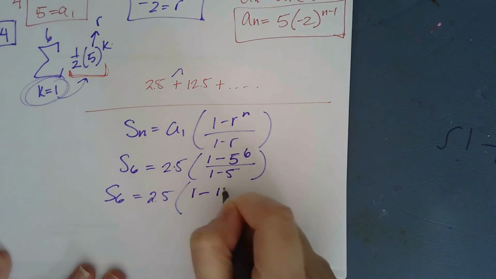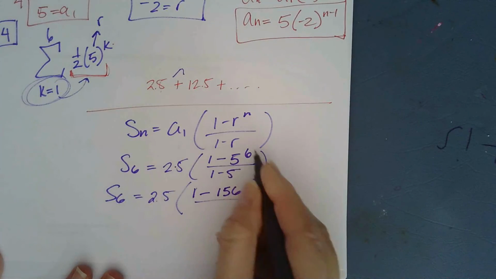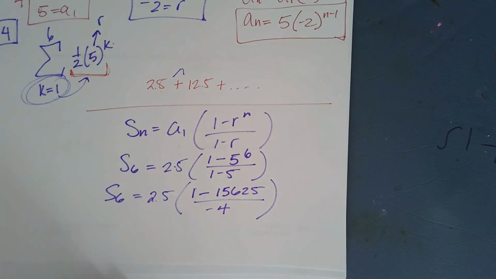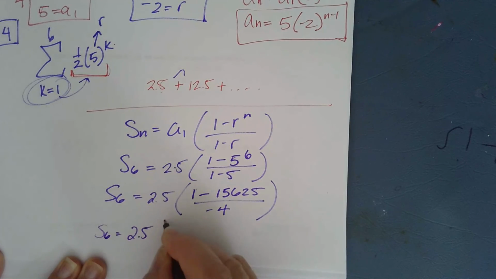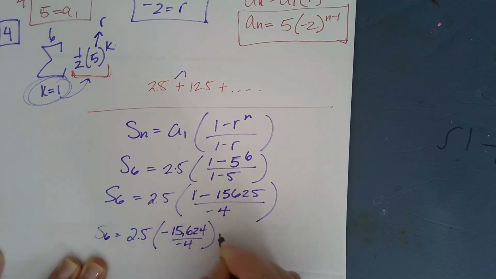So 1 minus 15,625. So I'm going to simplify this numerator, and I can go ahead and just write down -4 on the bottom. If I did 1 minus that answer, I would get -15,624 divided by -4.